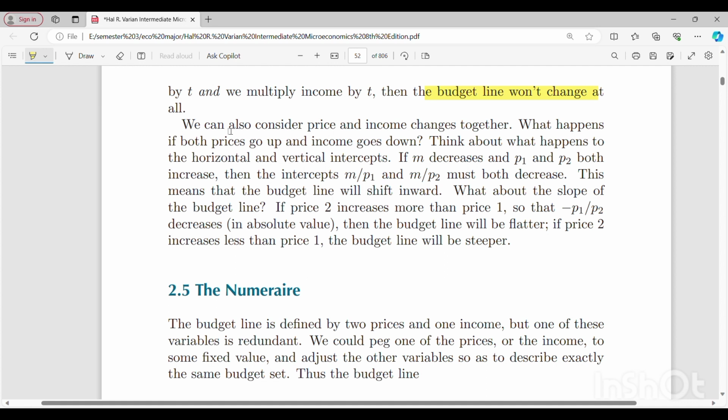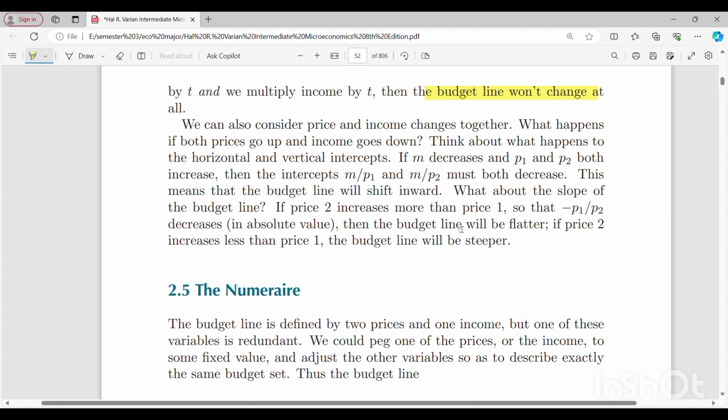Next, we can also consider price and income changes together. What happens if both prices go up and income goes down? Then the horizontal and vertical intercepts, like if m decreases, income decreases, and p1 and p2 both increase, prices of the goods increase, then the intercepts m by p1 and m by p2 both decrease.